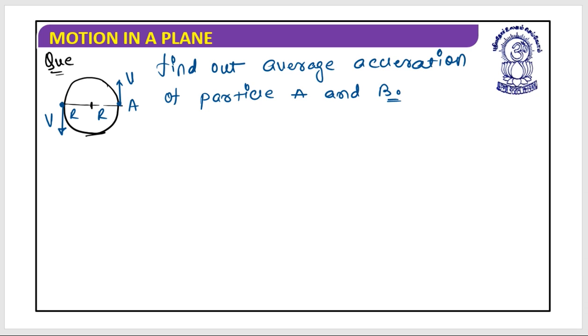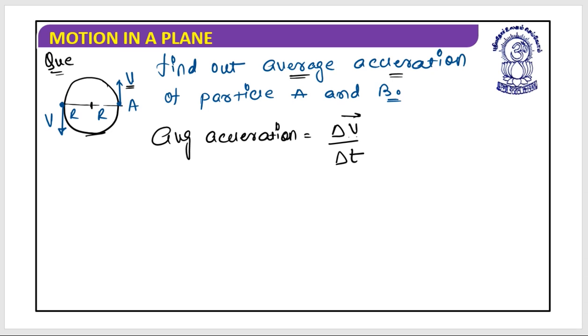Now how could you do this? What I know is that average acceleration can be calculated as delta V by delta T. Now how can I calculate delta V?